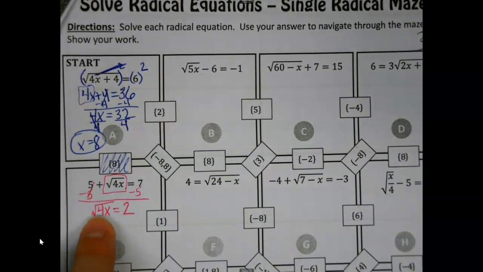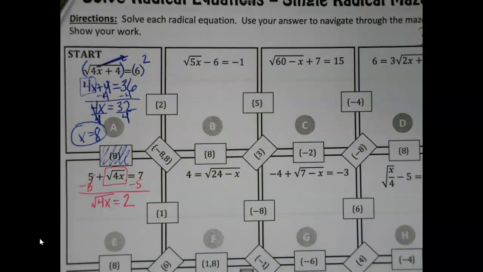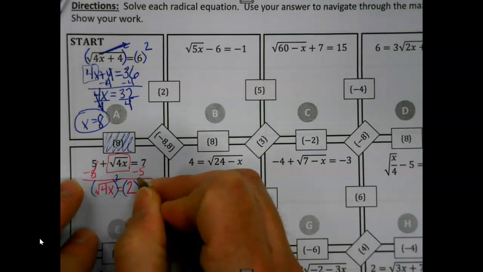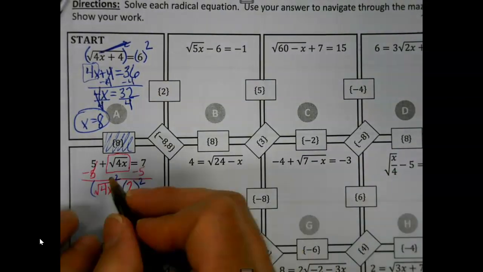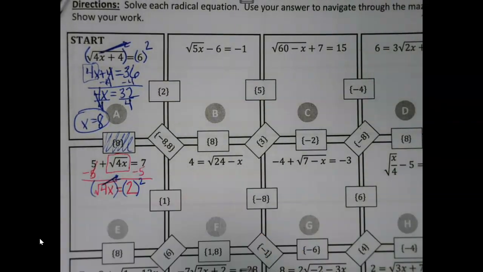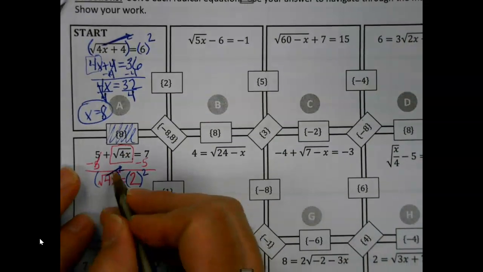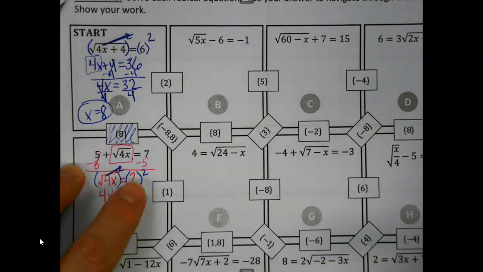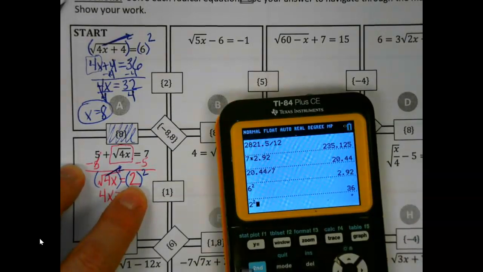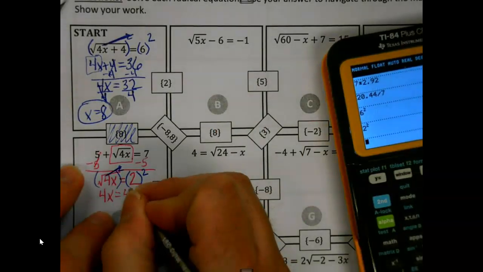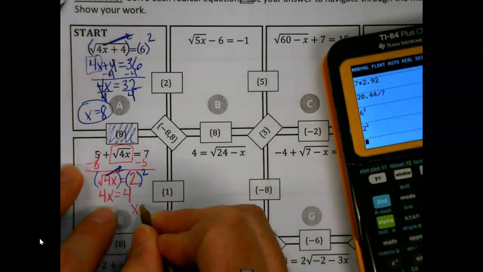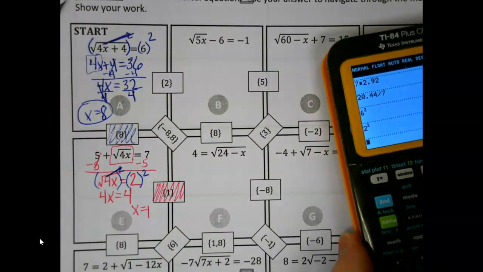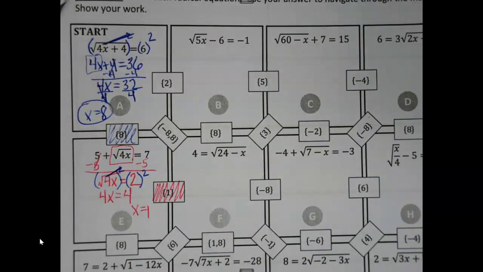But once that radical's on a side by itself, like it was in the first one, that's when we're ready for the squaring step. And again, that just cancels the square. Whatever's underneath is still there. 2 to the second power is 4. And I think we can handle the division here. And we just keep rolling.